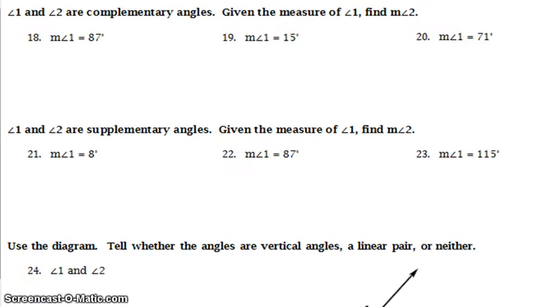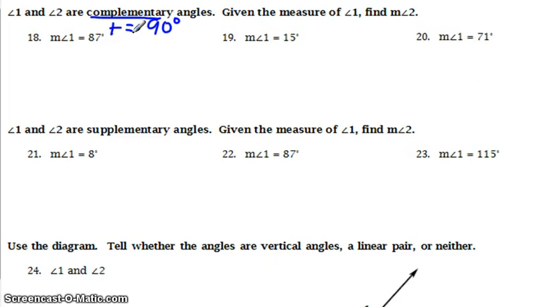Numbers 18, 19, and 20 tell us angle 1 and angle 2 are complementary angles. Given the measure of angle 1, find the measure of angle 2. The main thing you have to remember here is complementary means that they add to equal 90 degrees. So the measure of angle 1 and the measure of angle 2 should equal 90.